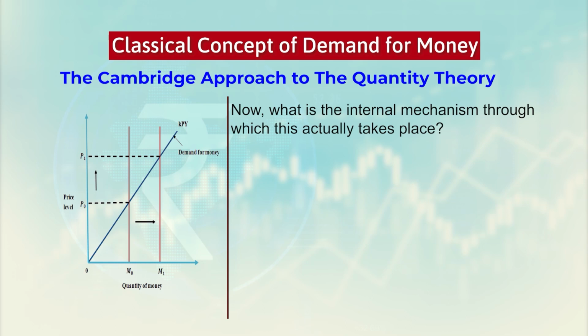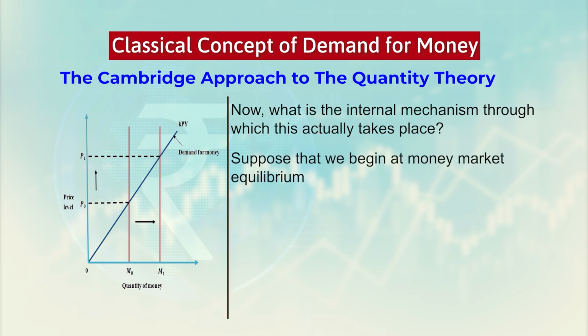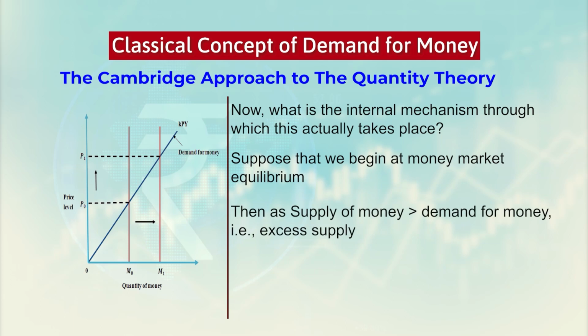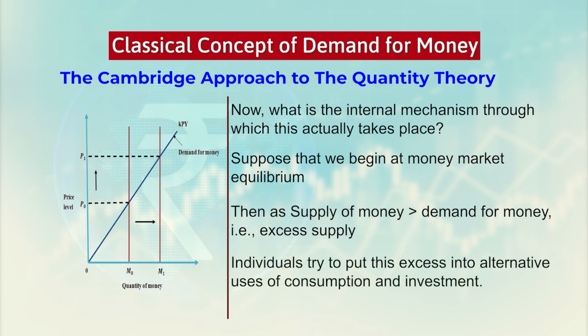When money supply goes up, what I said from the numerical example is that the price level is going to go up. So when money supply increases, what is happening actually? The supply of money in the economy is becoming greater than the demand for money. So there is excess supply in the economy. I know that I need this much money for my transaction purpose, but I have much more money now in the system. So this extra money is going to be used for the purpose of consumption, for the purpose of investment.